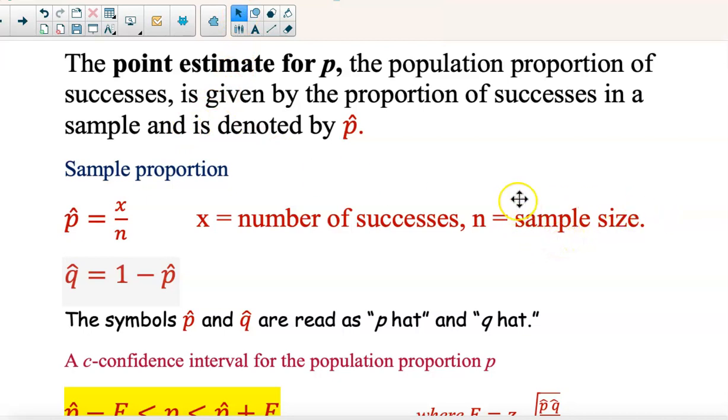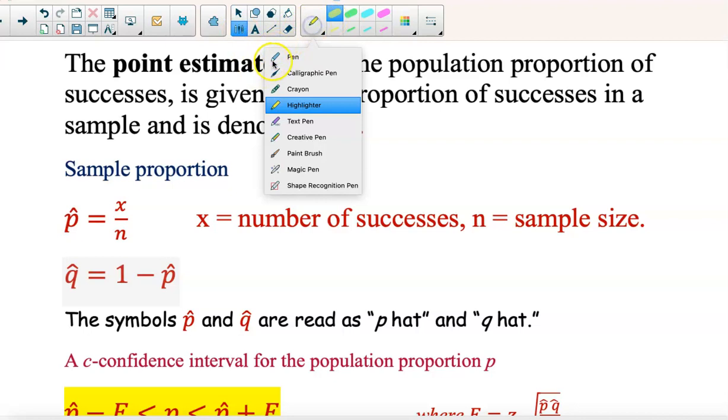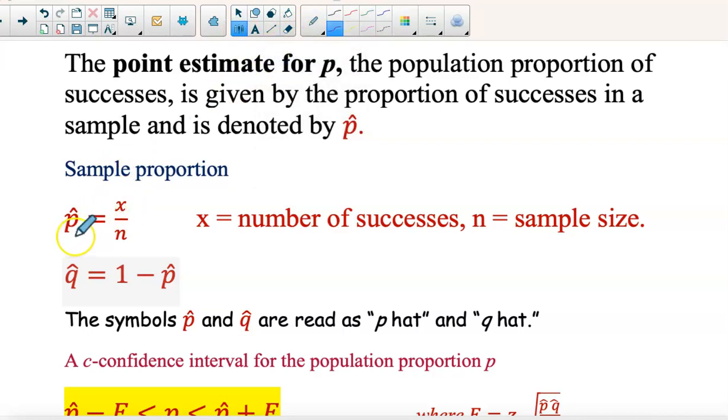In order to find a point estimate for a population proportion, first I have to look for the sample proportion, denoted as p hat. And how do you find the sample proportion? p hat is equal to x over n, where x is the number of successes and n is the sample size.